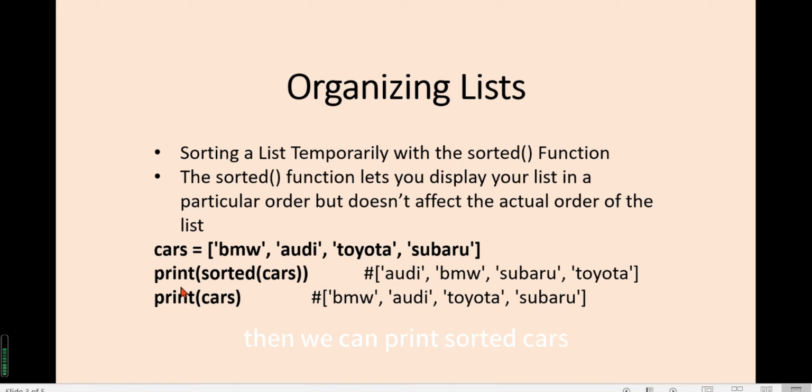Then we can print sorted class. The result will show the alphabetically sorted list. But when we print class again, we can see the original order of the items in the list has not changed.